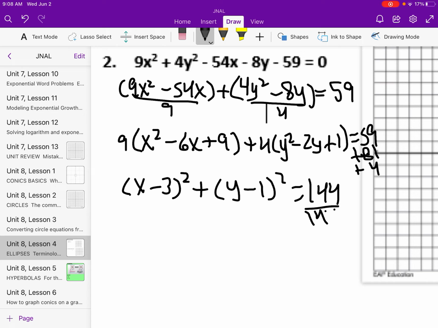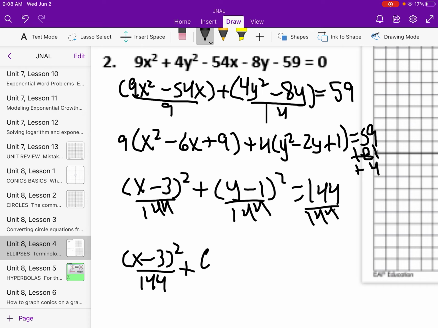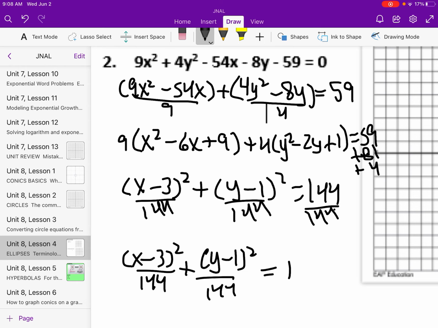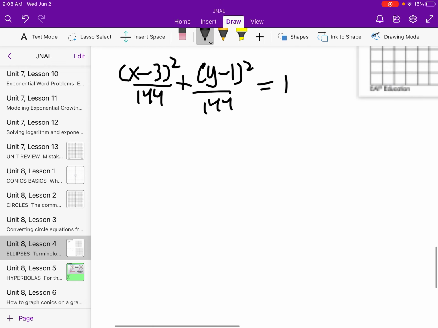So we need to divide by 144 so that that can be 1. Forgot to say that above. So once you do that, you then have this, and then equals 1. So this is the answer for that.